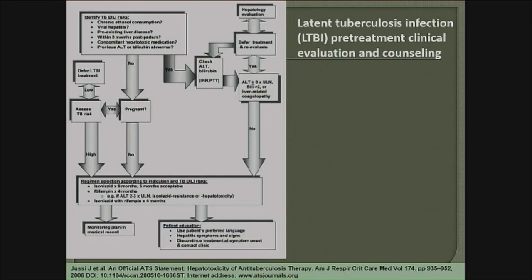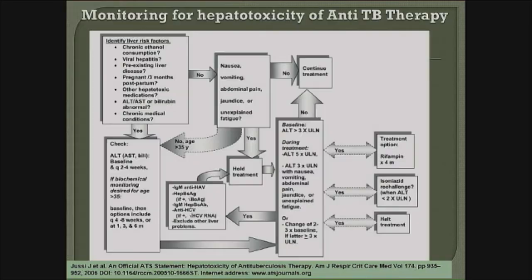And also, if there is TB risk, we can check the ALT, bilirubin, and INR. If normal, we can proceed to the treatment. This algorithm is for monitoring.